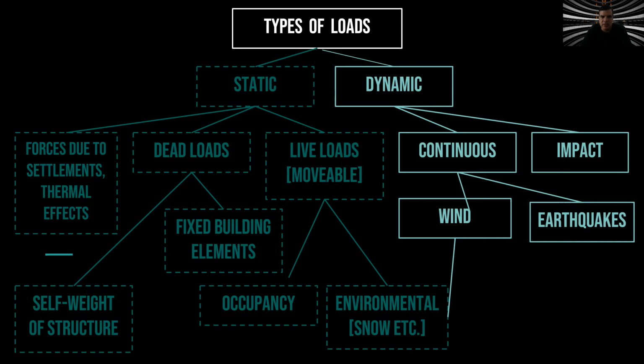Again, going back to static loads, they can have several types. The building codes divide the loads in two types, dead and live. However, the loads are divided into general types, statics and dynamic.